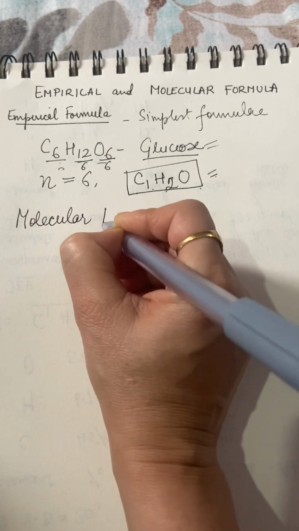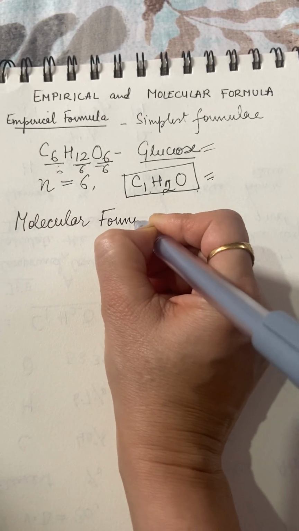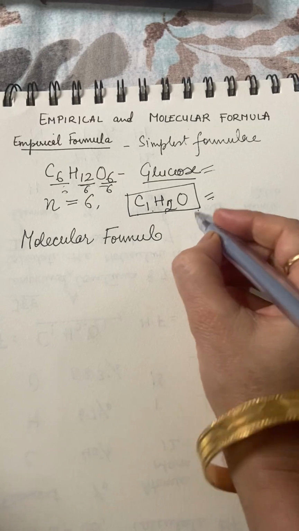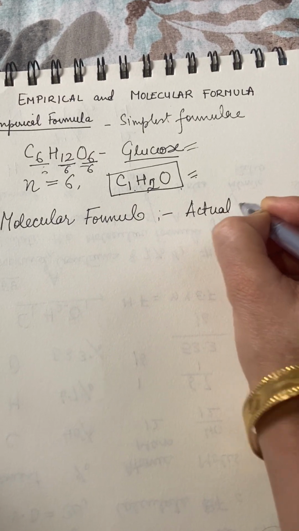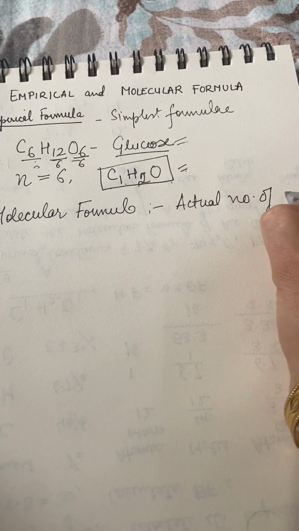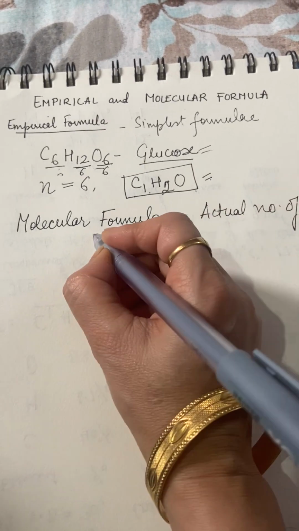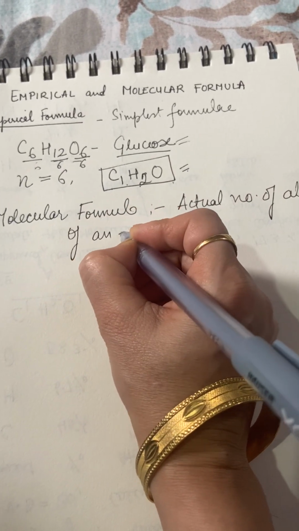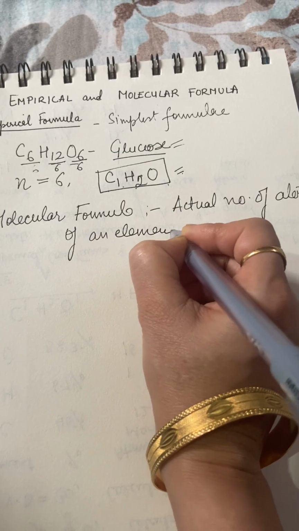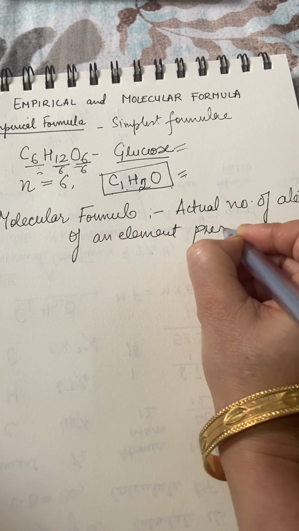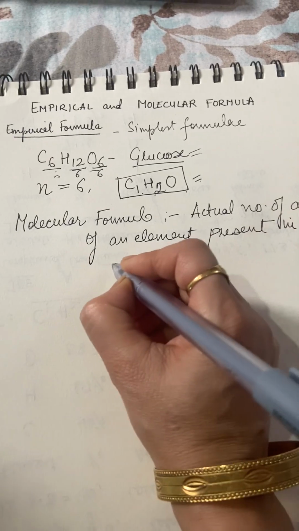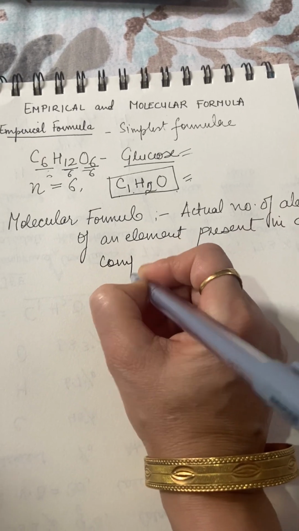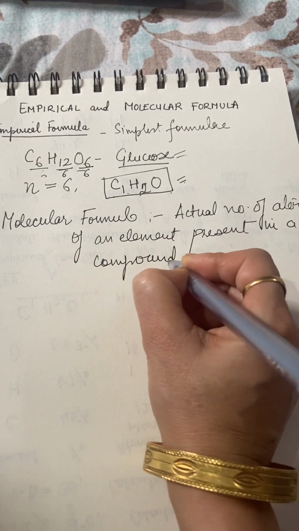Molecular formula is basically the actual number of atoms of an element present in a compound. Actual number of atoms of an element present in a compound is the molecular formula.